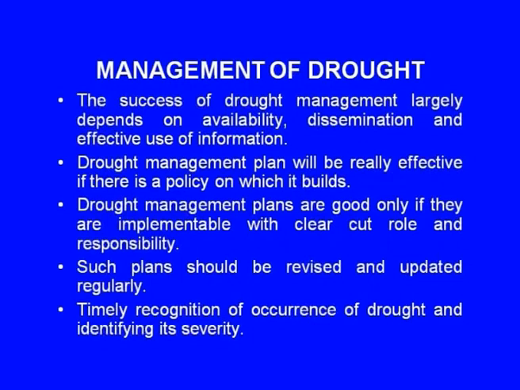Drought management plans are good only if they are implementable with clear-cut roles and responsibilities defined. Such plans should be revised and updated regularly. One important aspect is the timely recognition of the recurrence of drought and identifying its severity.